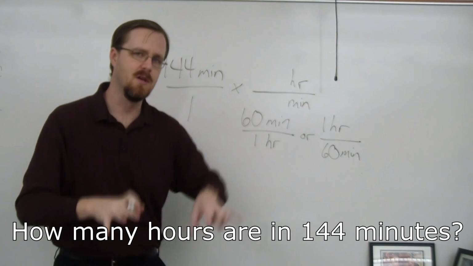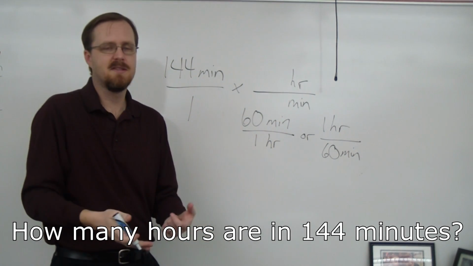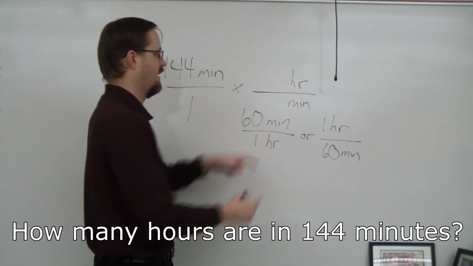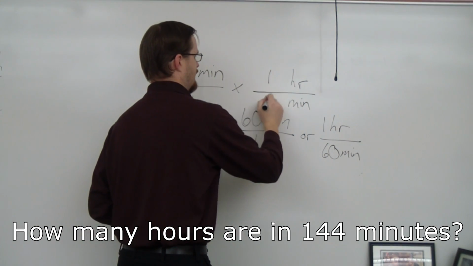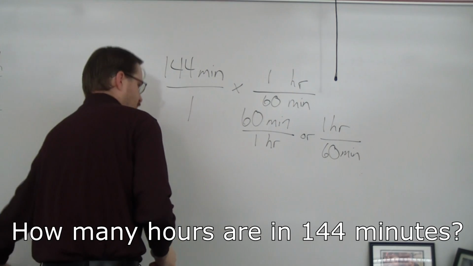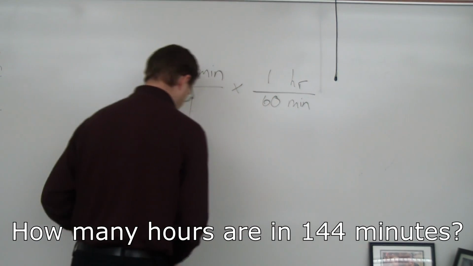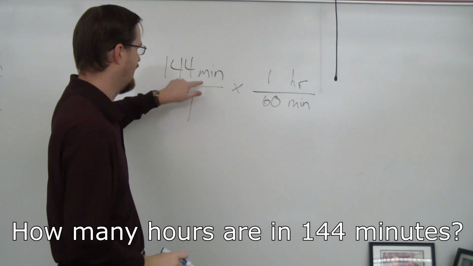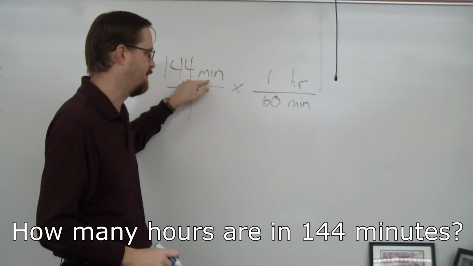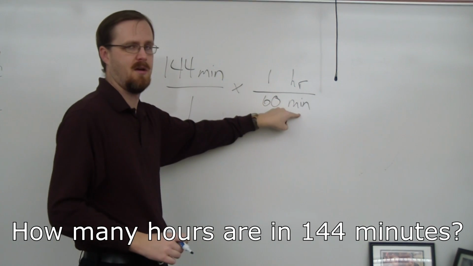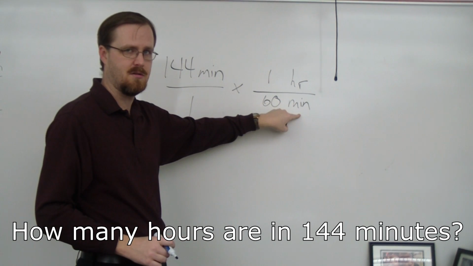Once the units are settled in, then we simply attach the numbers that go with those units, okay? So like there's 1 hour and 60 minutes, okay? So that's how dimensional analysis works. You always look at what unit is on top, and then that same unit is going to go on the bottom of the next fraction, okay?